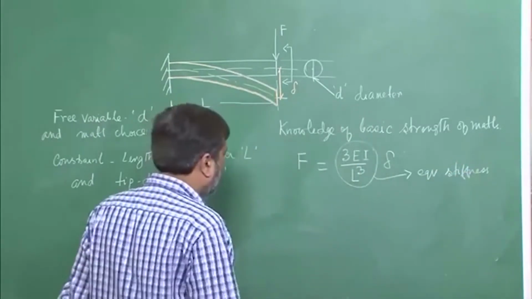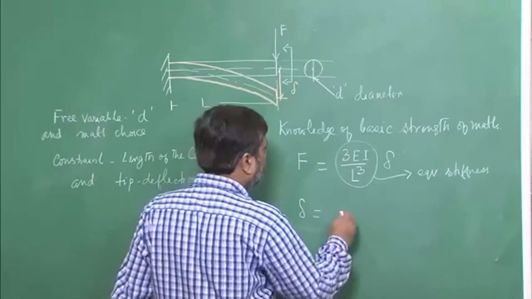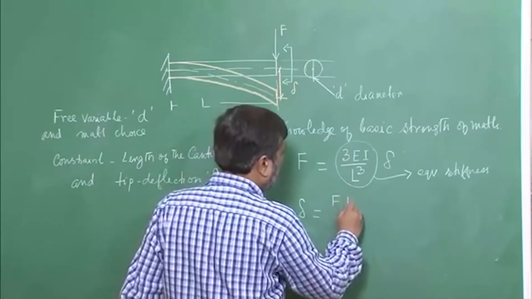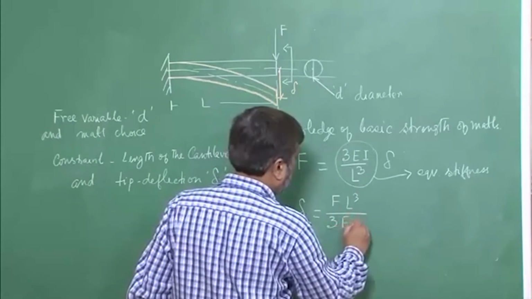In other words, I can also write delta equals F L cube over 3EI.